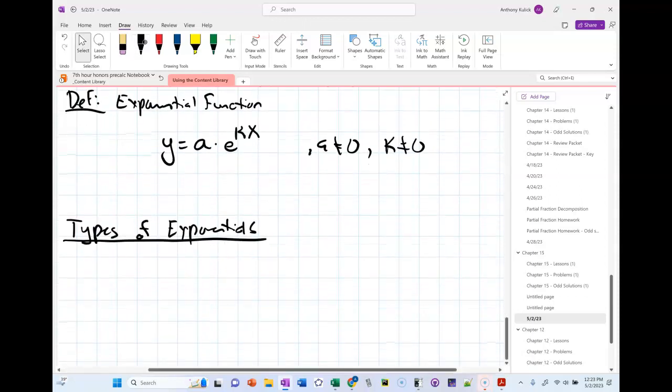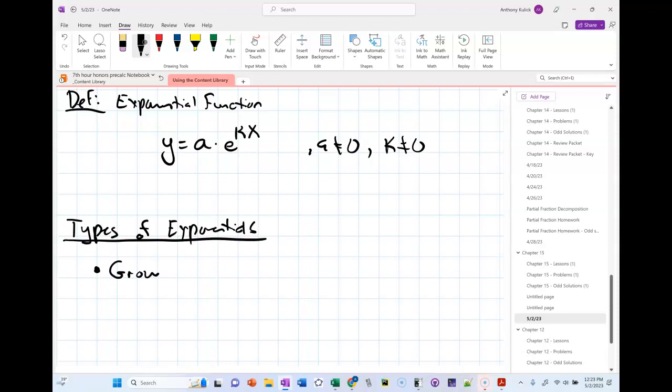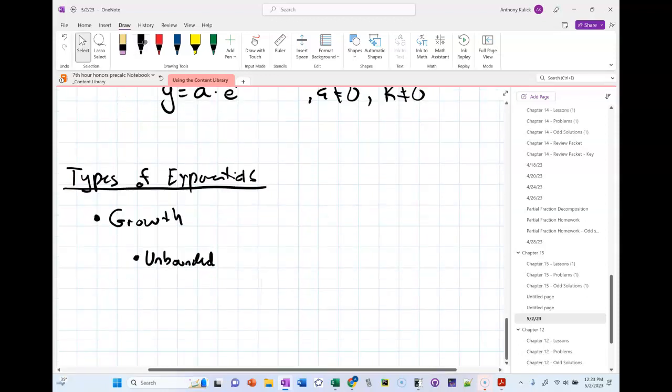So oftentimes we want to classify these exponential functions into 2 types. The first type is growth, and there's really two types of growth. There's unbounded growth, and then there's bounded growth.